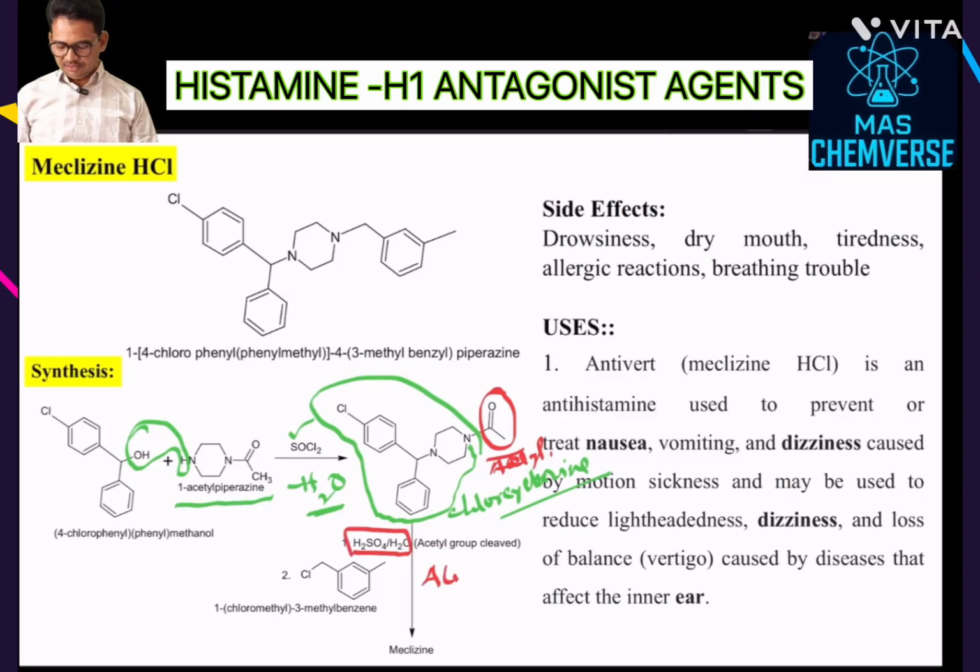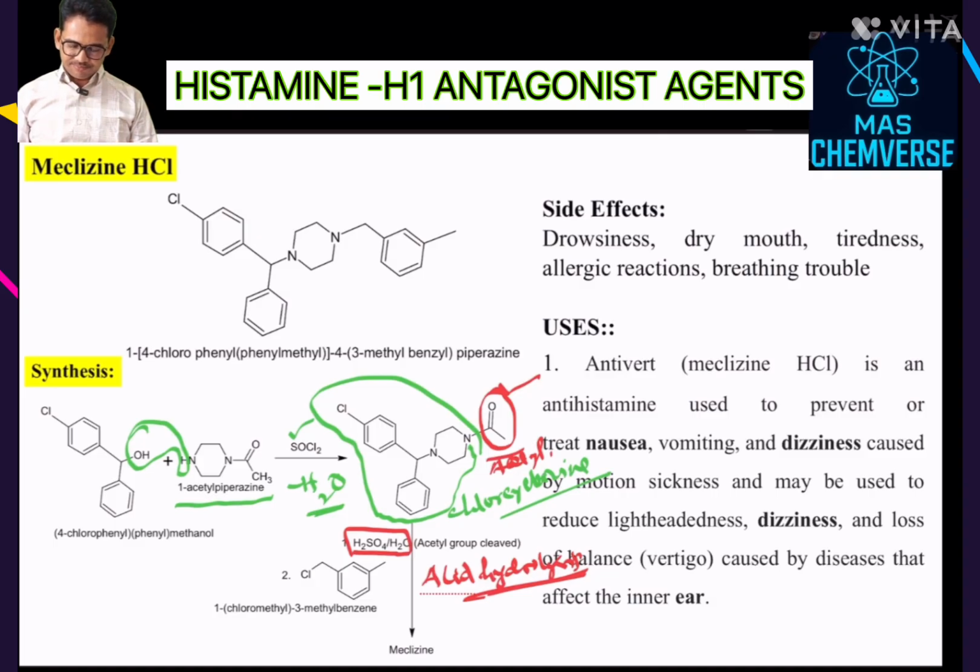What is it called? Acid hydrolysis. Why are we using this acid hydrolysis process? The reason is very simple, to remove this particular group that is called the acetyl group. Okay, we are using this process. Then see here what happened in this case.